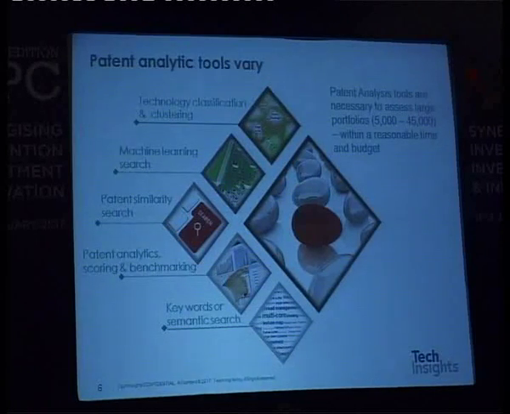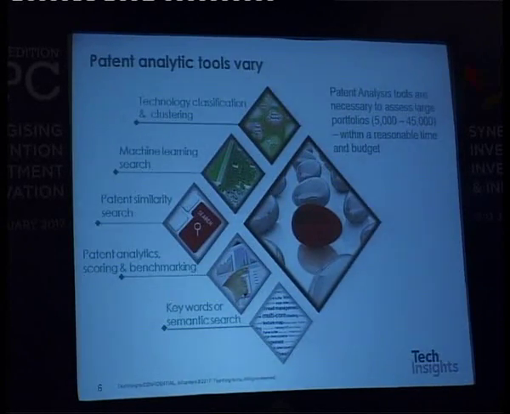Once you have patents that you know are good, we have tools that you can train to go off and find more like this. That's always a good way of doing it. You can use simple keyword searches. You can use traditional scoring techniques where you've built in some kind of meta tagging from your subject matter experts, so you can pull things out quickly. There's a whole bunch of ways of doing it.